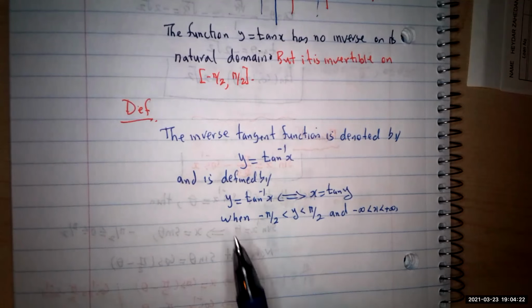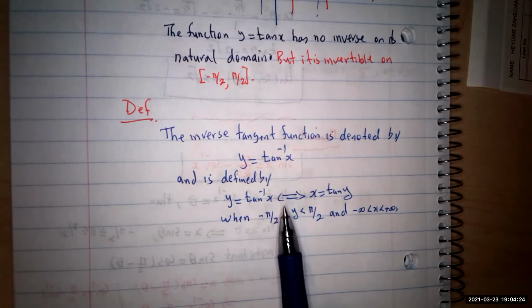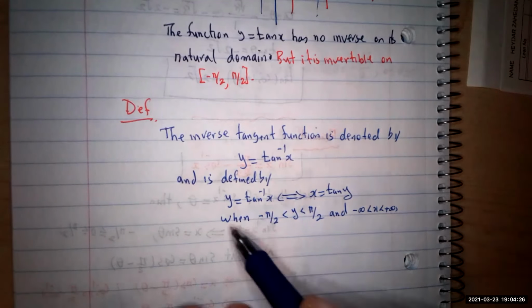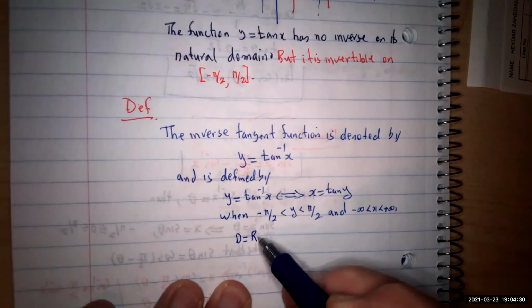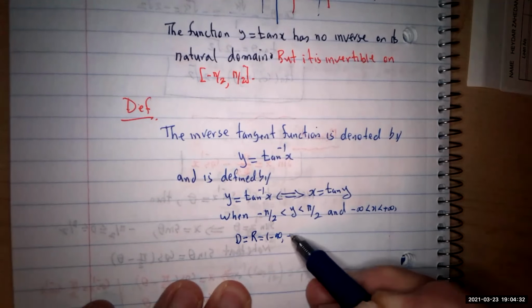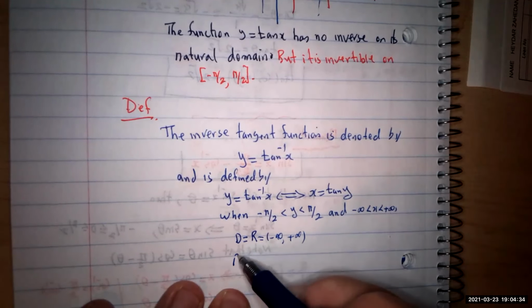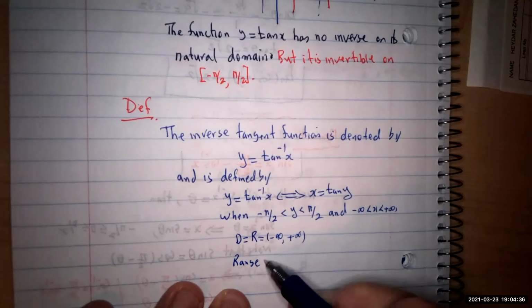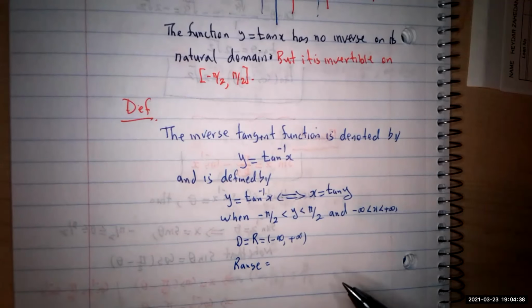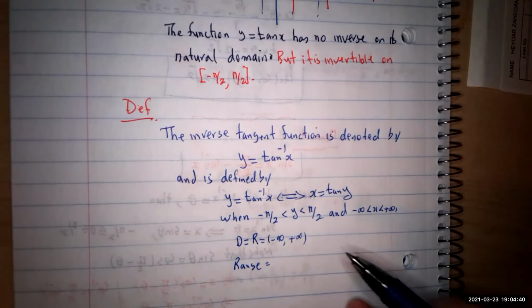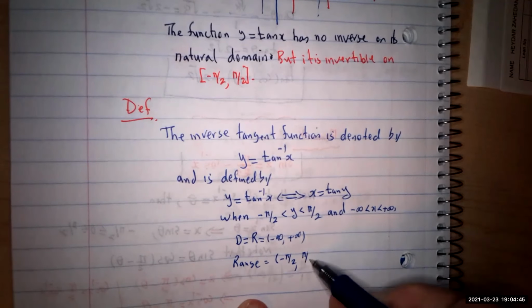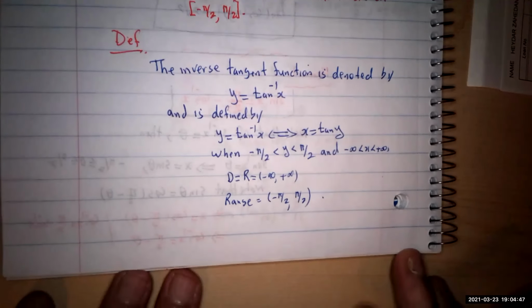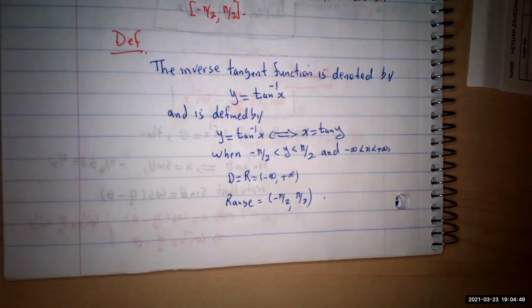So the domain of the function is all real numbers, but the range of the inverse function is going to be negative pi/2 to pi/2.